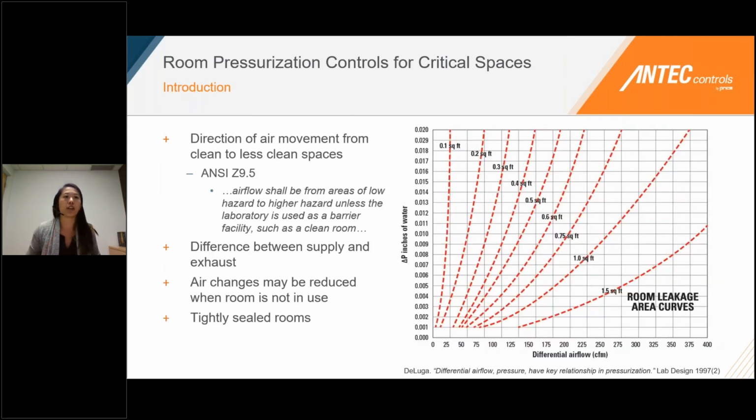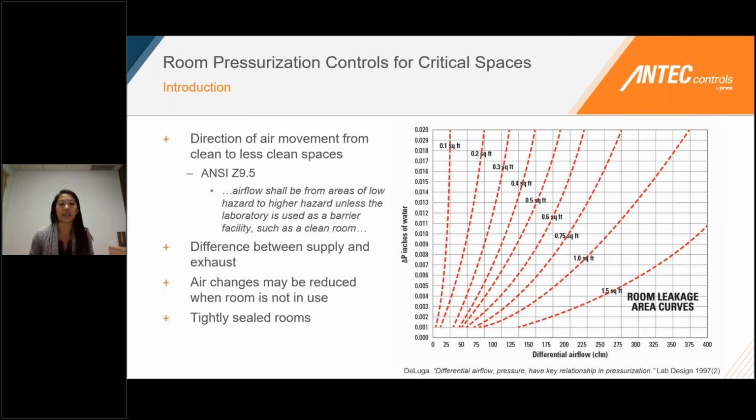So just to get started here, when we're looking at these critical spaces, we're concerned with the pressurization. And when we talk about pressurization, we're specifically talking about the direction of air from clean to less clean spaces. NFPA 45 does say that the airflow shall be from areas of low hazard to higher hazard unless the laboratory is used as a barrier facility, such as a clean room.